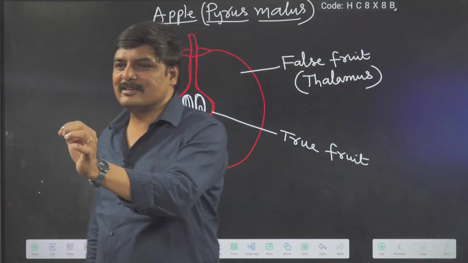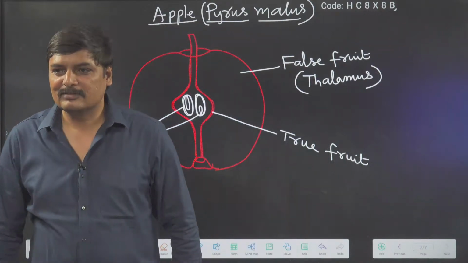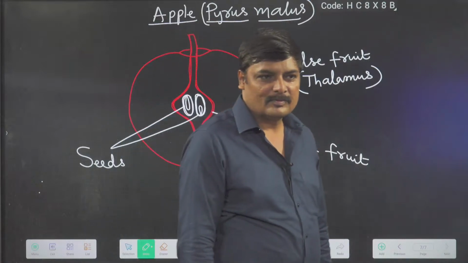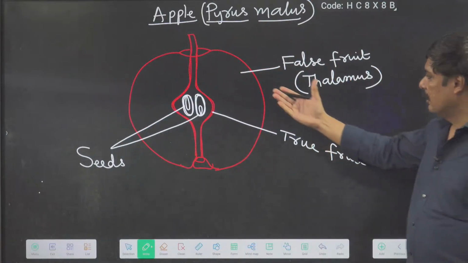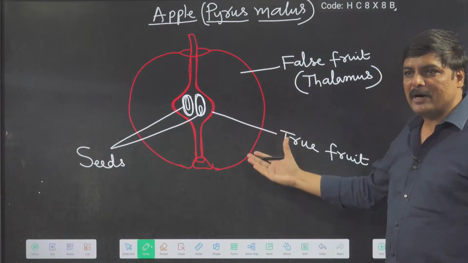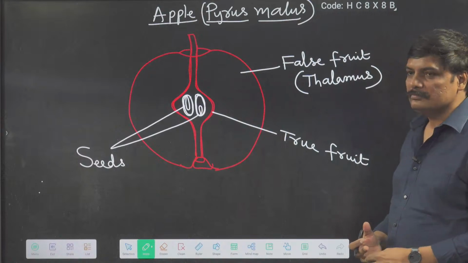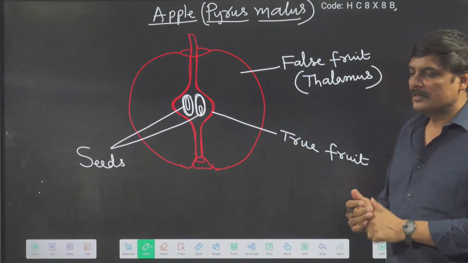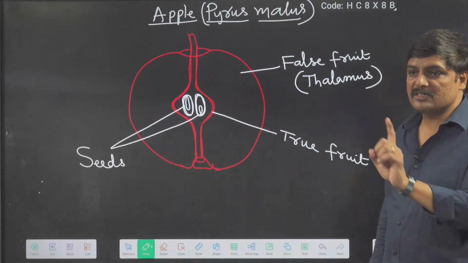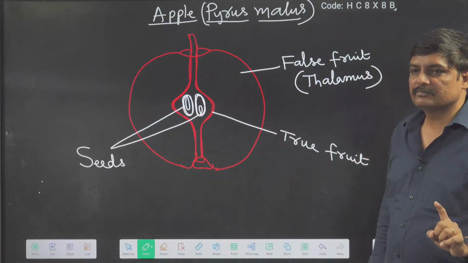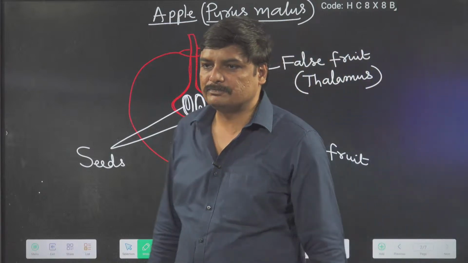The answer is 0, because no seeds in the fleshy, edible part of the apple. The edible portion is thalamus. Thalamus does not contain seeds. I hope all of you understand what is a false fruit.